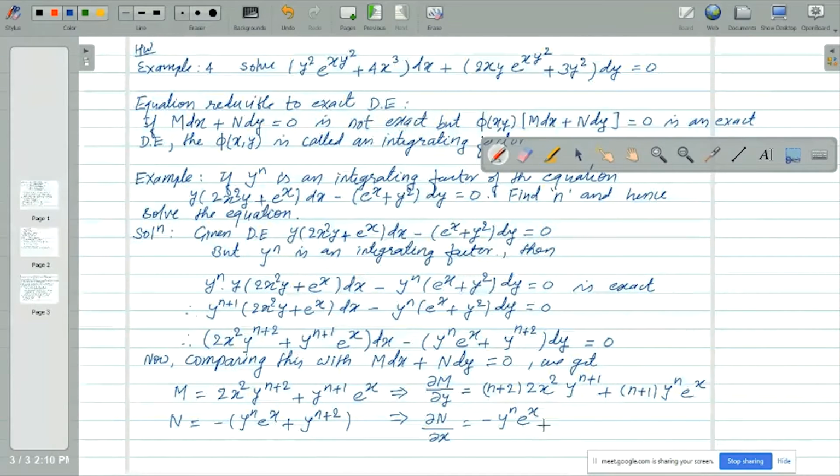And plus y raised to n plus 2 is a constant, so it will be 0, no need to write. Now let us move to the next page.